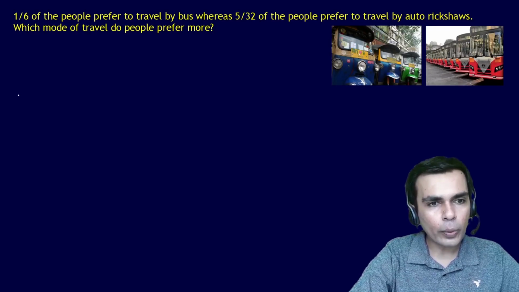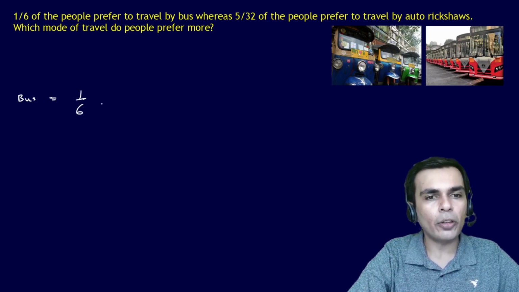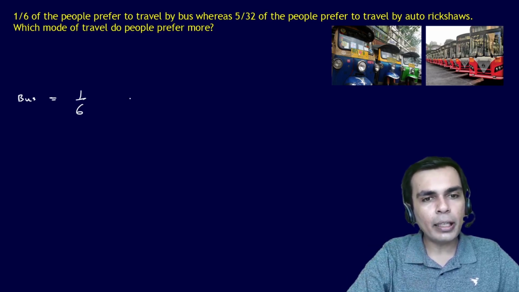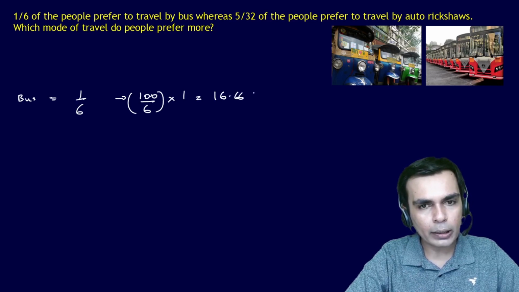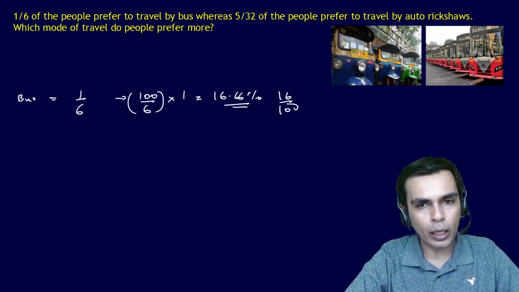So let's conclude quickly. For our bus, we saw 1/6 of the people traveled, which means 1 out of 6. If it were out of 100, then in each of the parts, it would be 100 divided by 6, and there is only one part. Therefore, this would be 16.66%, which means for every 100, it's about 16.